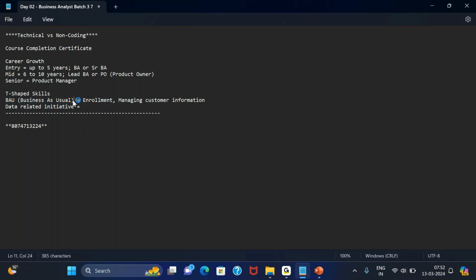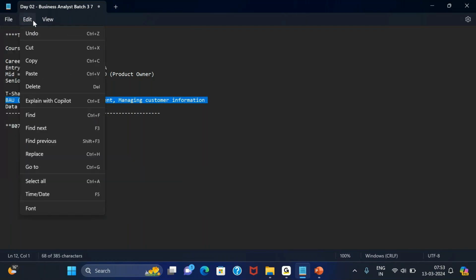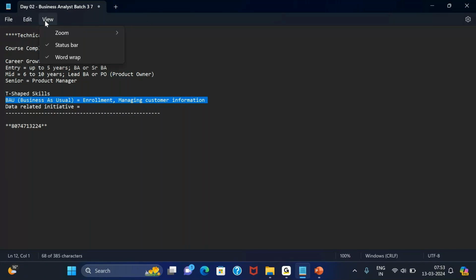But when you are working in regular software development projects, then those requirements become slightly more detailed, more complex. You need to mention things like how the interface will look, what different options will be available in the notepad, what the sub options will be under those options, and what will happen when I click on every option.